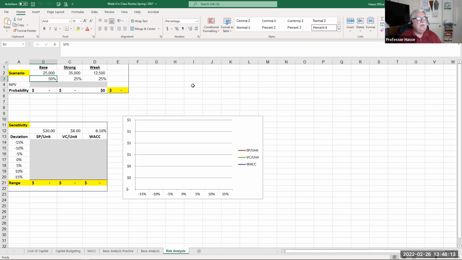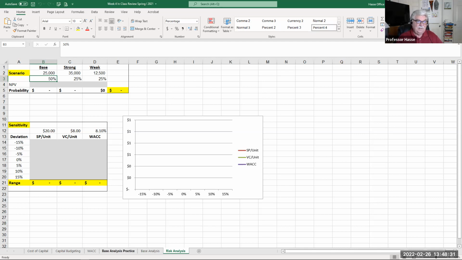So what we do is we determine the net present value at those different levels of output. We don't change anything else. The only change is the level of output. And then we weight those by the probability that we think those occurrences are going to happen.